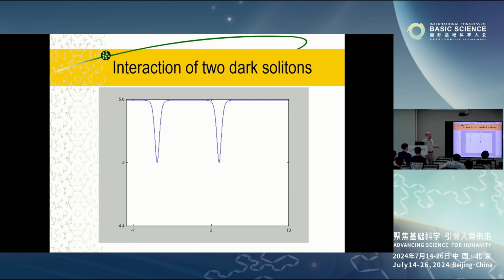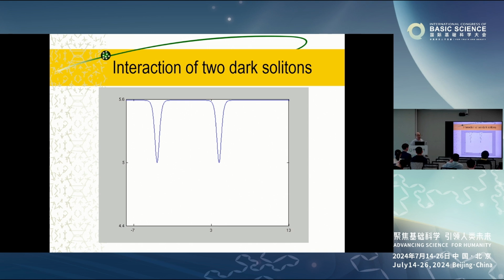Okay, another example is the interaction of two dark solitons. You can see here is again my x, and this is my rho of x, the density. Again, at the far field, the density is non-zero, so they have a non-zero background in the system.